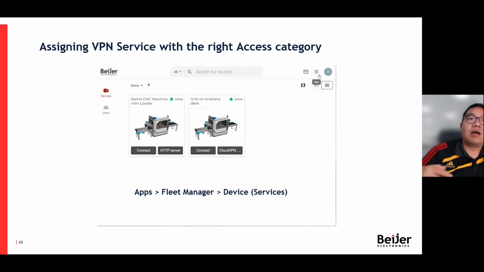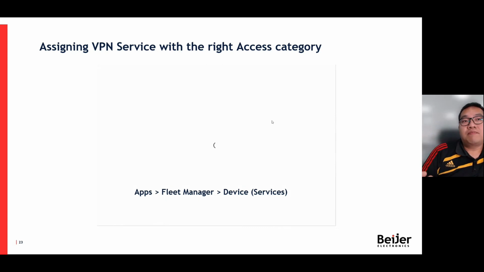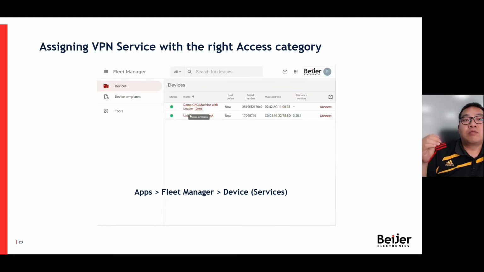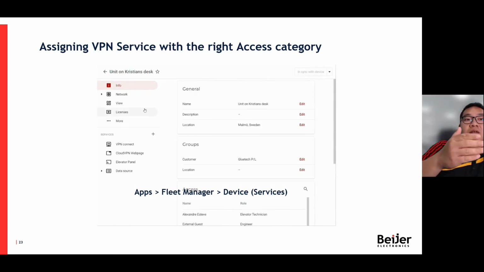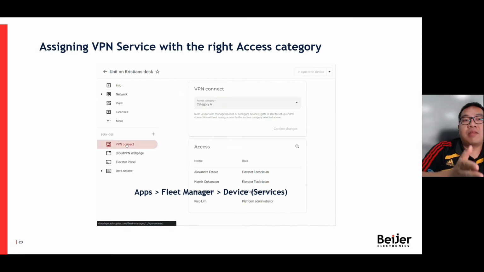In this example, if you want to set up the VPN service with the right access category, remember we have an access category called VPN users that we have created. What you do is go to Fleet Manager and then go to the specific device itself. Right down on the bottom, we have the services.